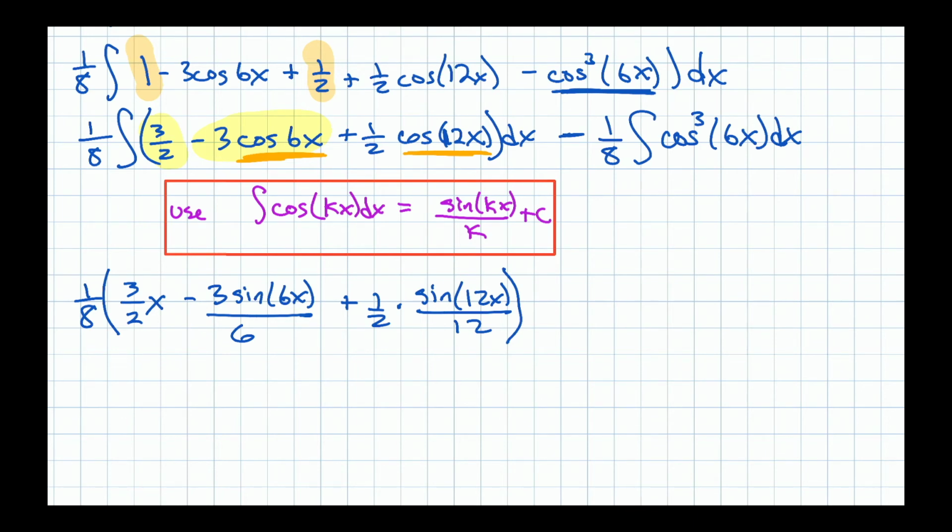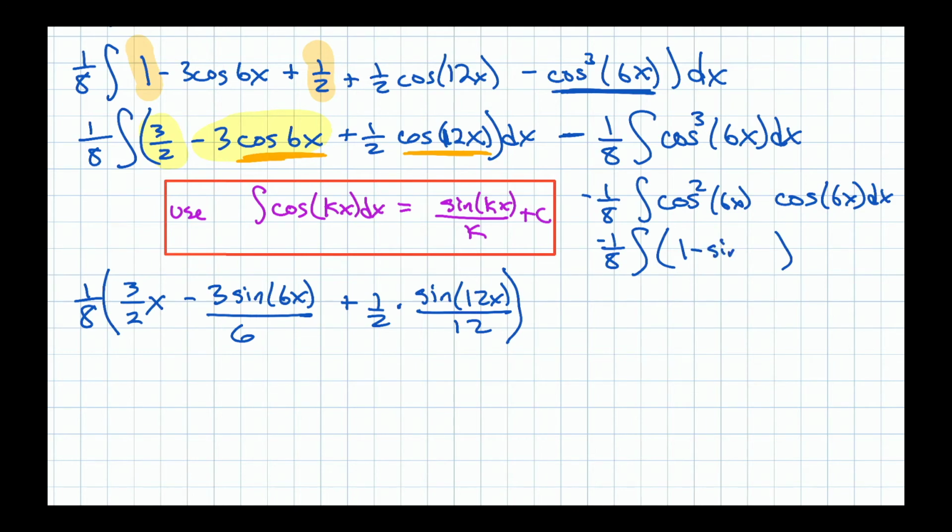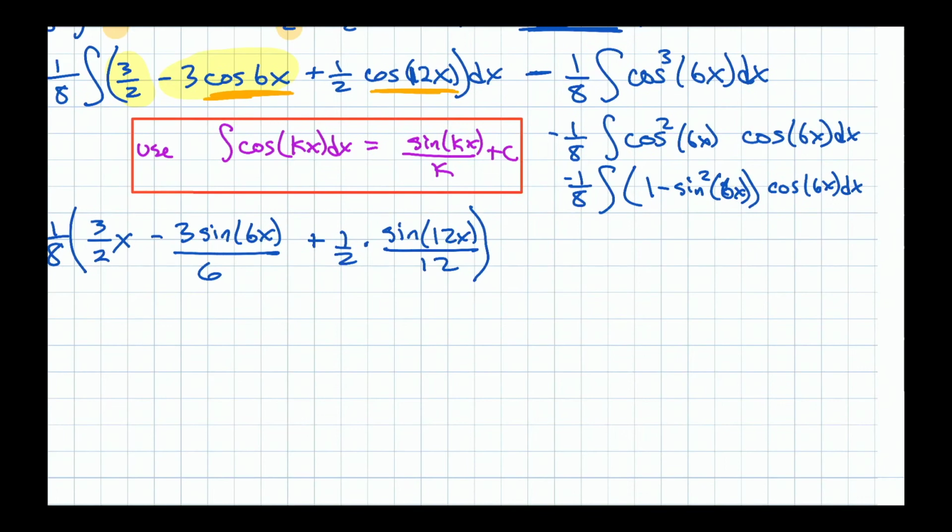Having said that, we still have to finish this 1/8 cosine cubed here. So we should be able to do it quick because we know the method from the previous section, really. So what do we do? We split it up, right? We split 1 off to the side. That's what we just learned. The cosine squared, we use the Pythagorean identity on and get 1 minus sine squared. Like that.